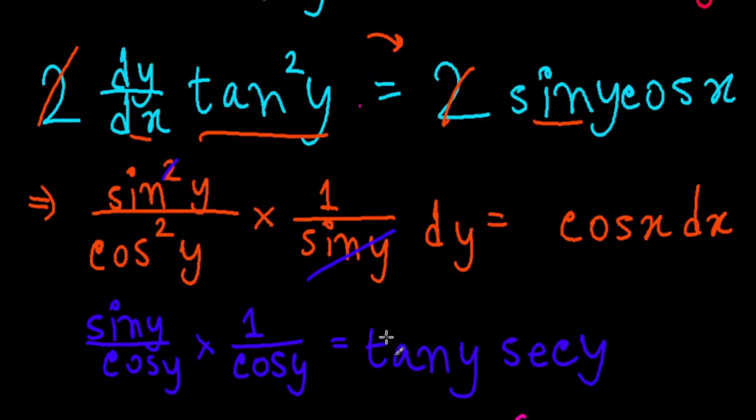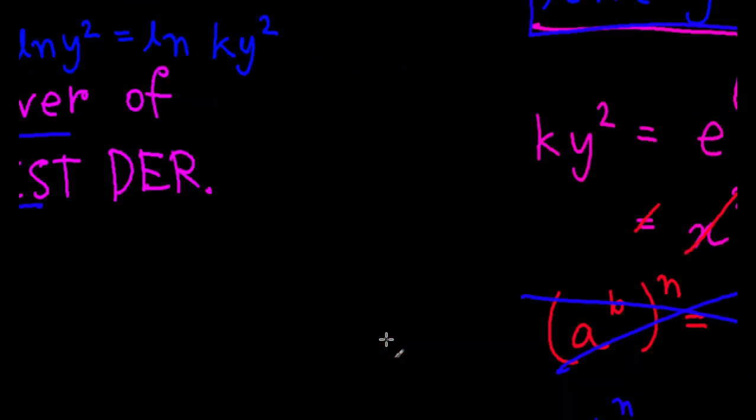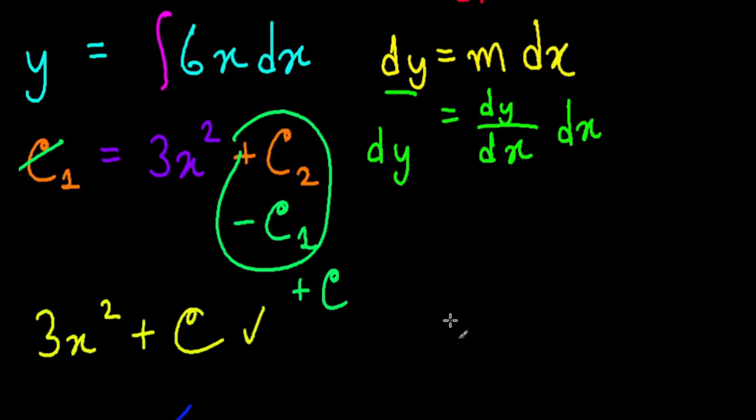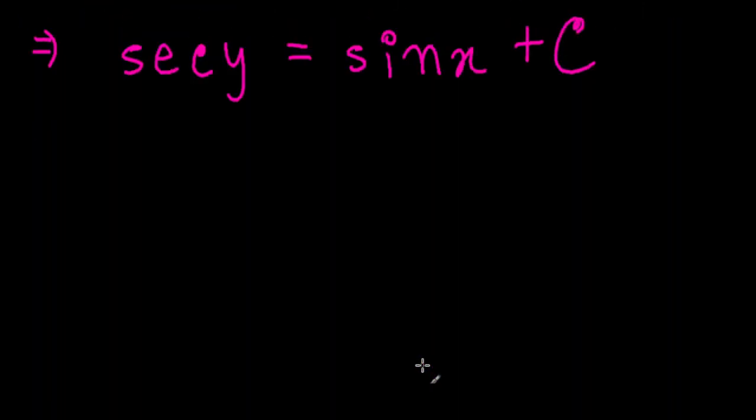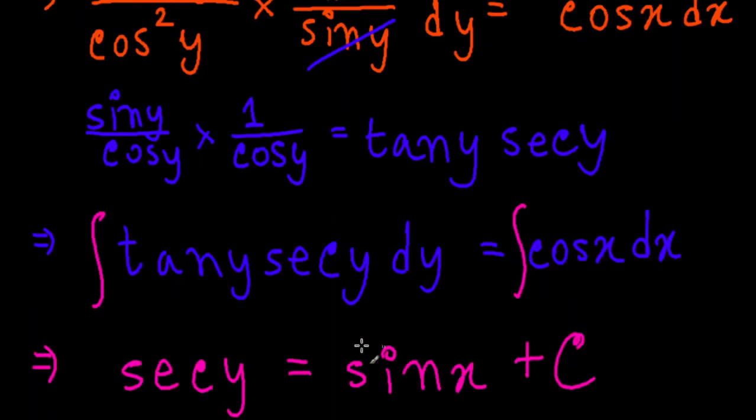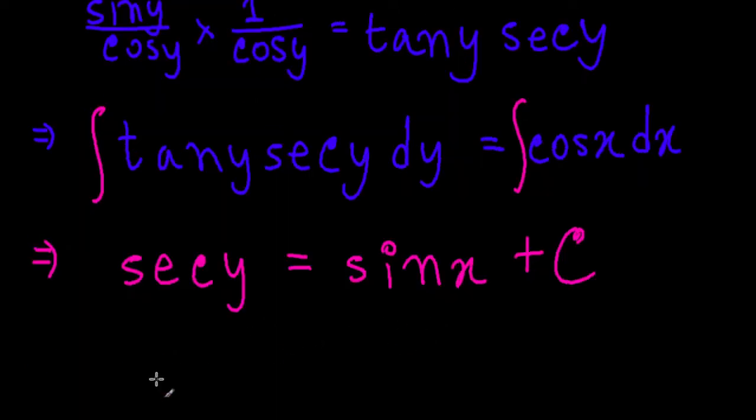If we just stuck to taking antiderivatives on one side, it would definitely look intimidating. But using our logic and reasoning of separable equations, separating the variables, we were able to solve this, and it's a pretty neat solution.